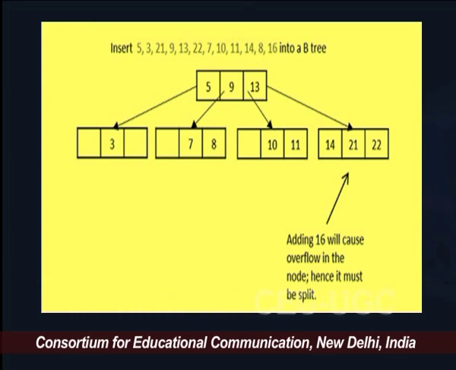will go up, and then we can have two nodes, one on the left side of the 9 containing 5, another one on the right side of the 9 containing 13 and 21.